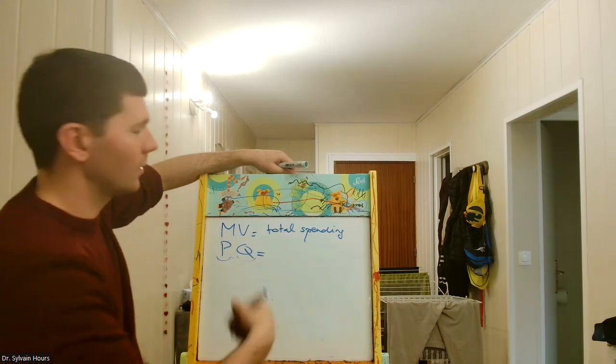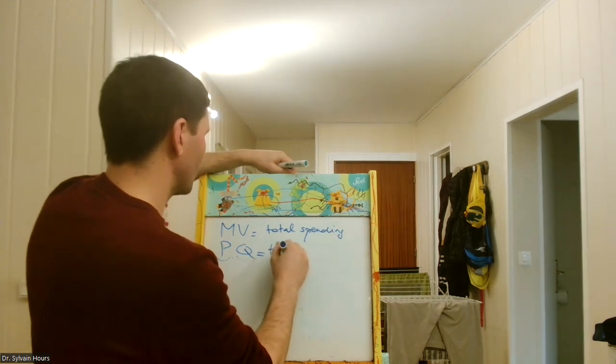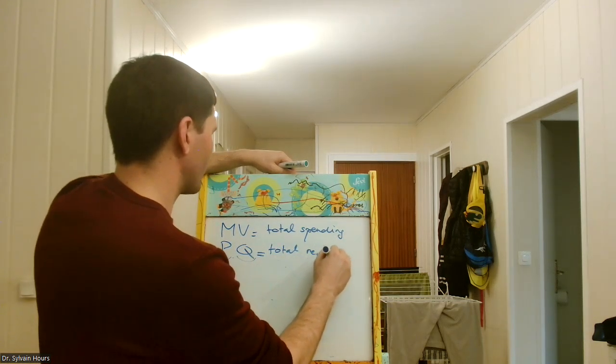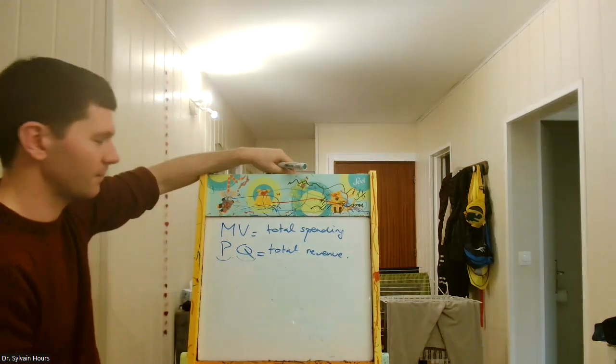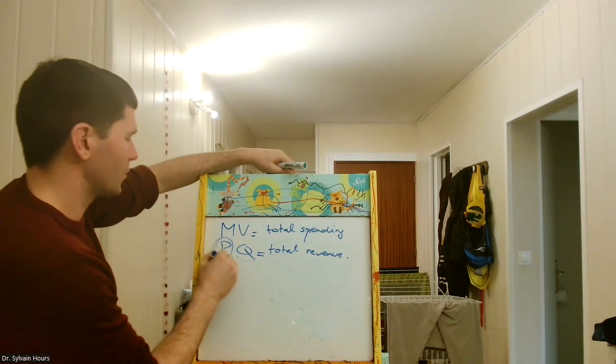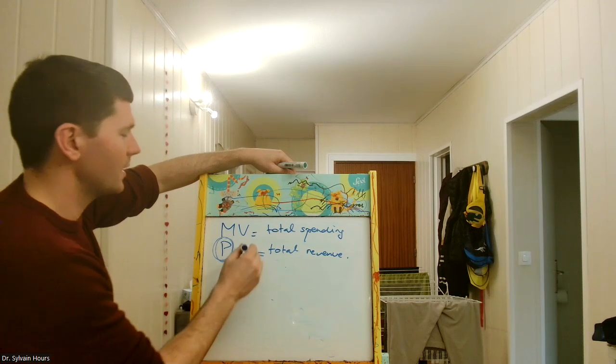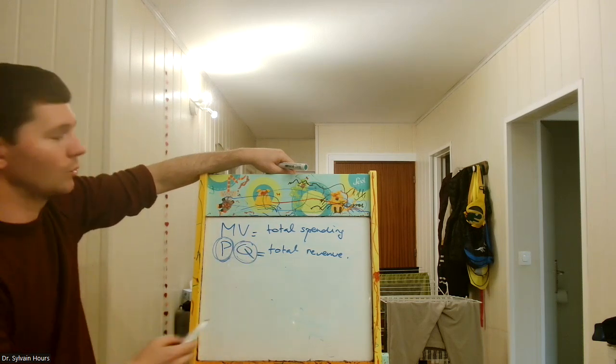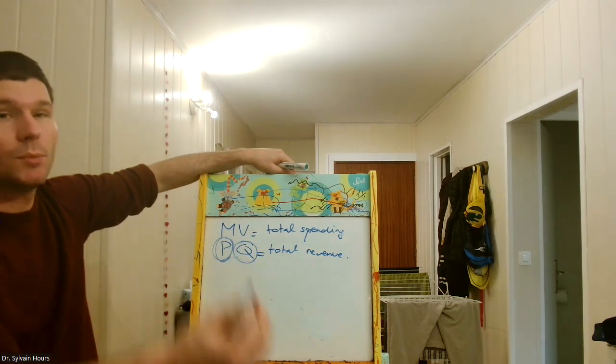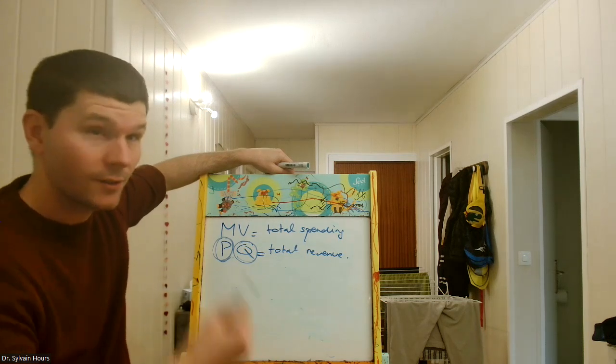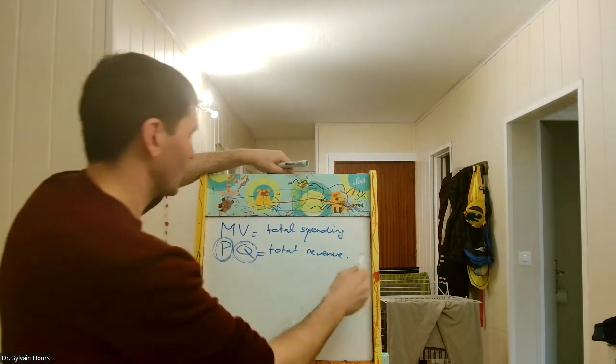So it's the total value of output, which is also the total revenue from the perspective of businesses. I repeat, P is just the price of an item on average, and Q is how much has been produced and sold. So P times Q is how much money has been generated by the sales of these items. So that's the total revenue.